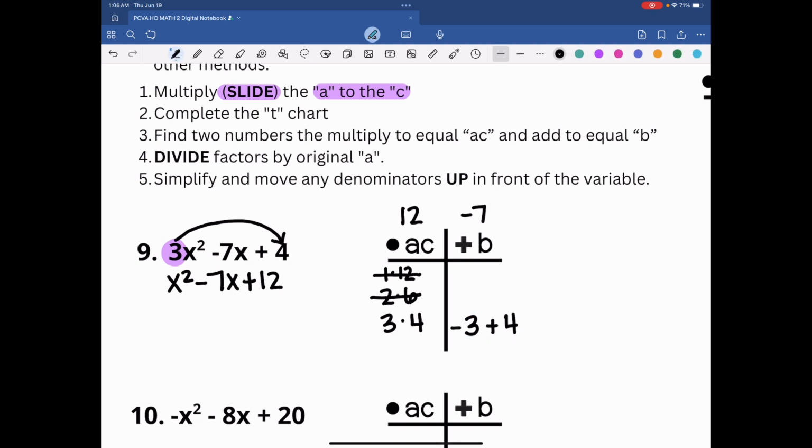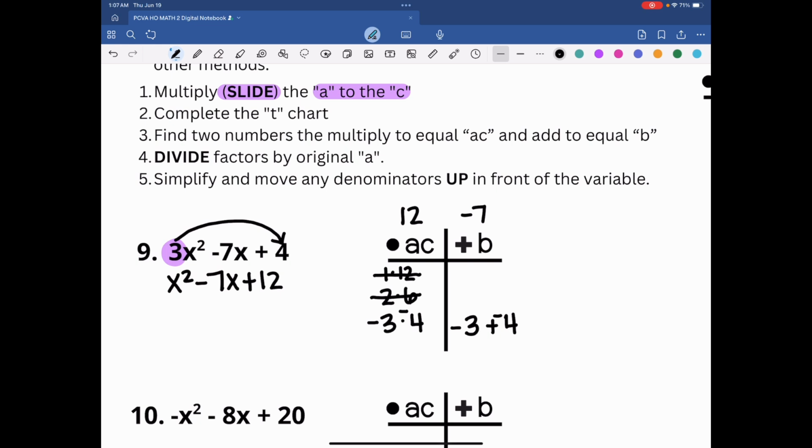So negative 3 and negative 4 give me negative 7. So negative 3 plus negative 4 does give me negative 7. But if I make those negative, I need to check that the multiplication works. So negative 3 times negative 4 gives me positive 12. So that is my combination of numbers.